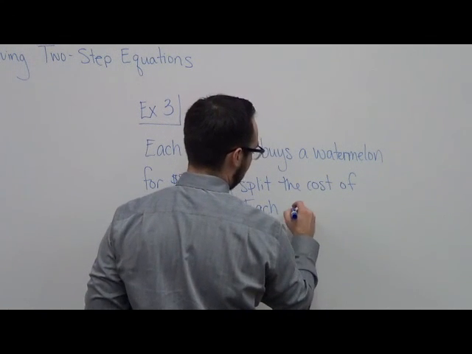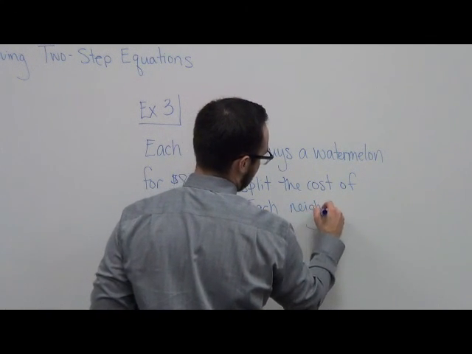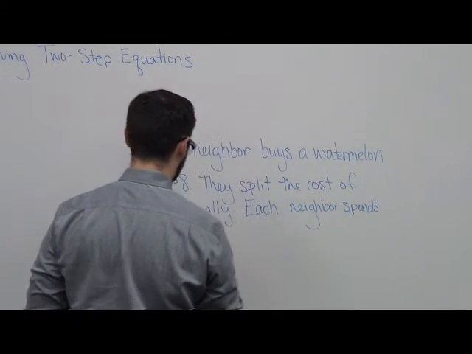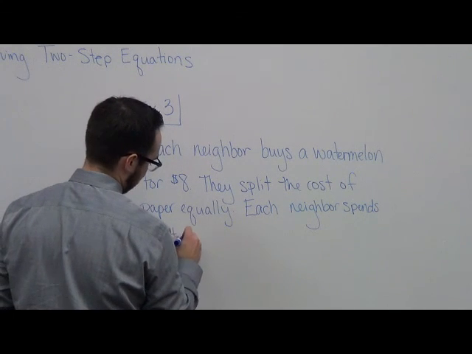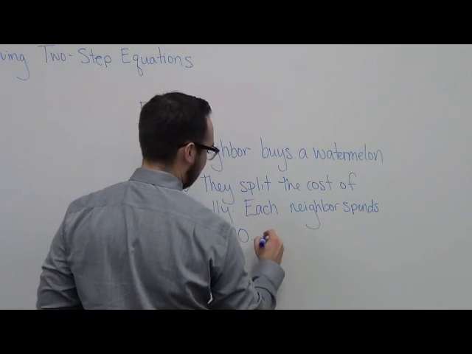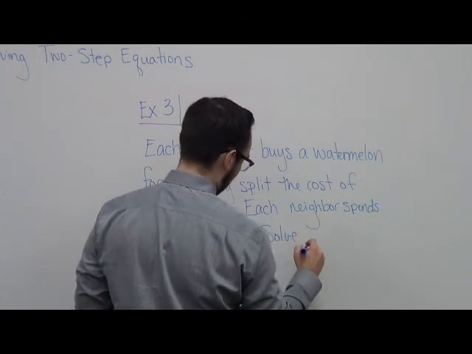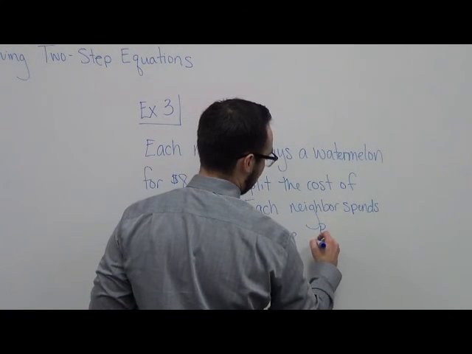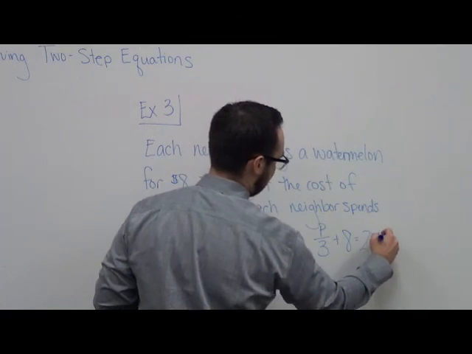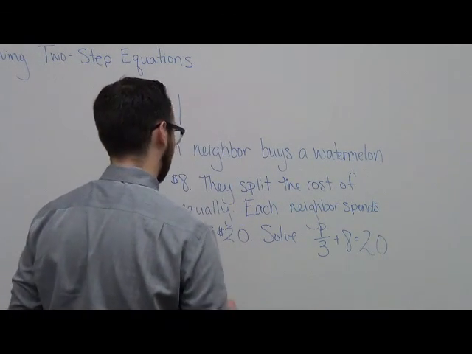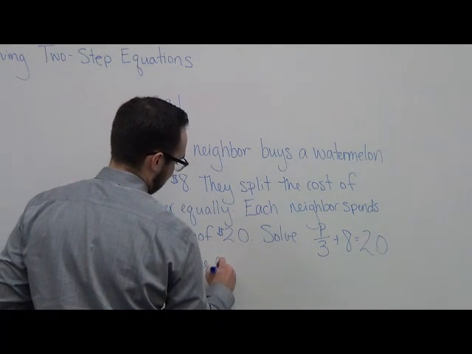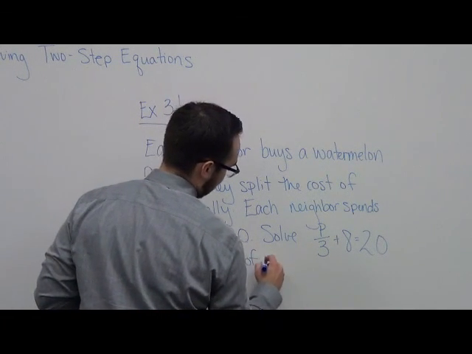Each neighbor spends a total of $20. Solve the equation p over 3 plus 8 equals 20 to find the cost of paper products.